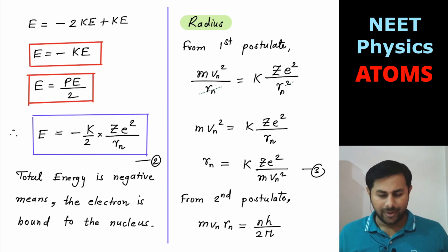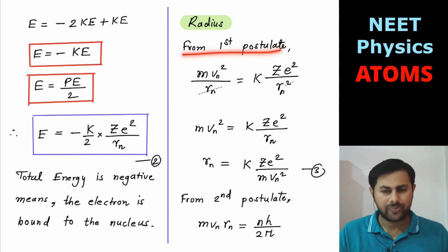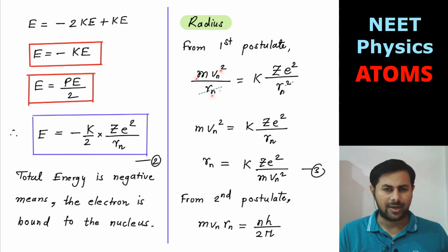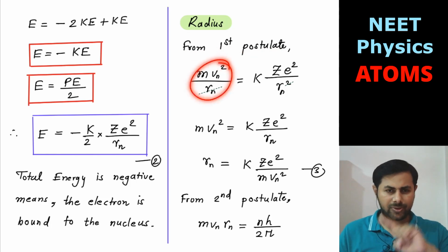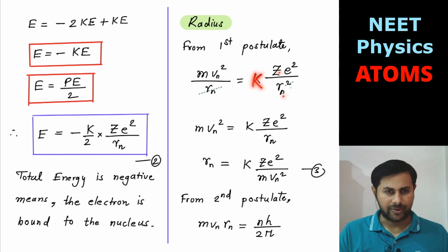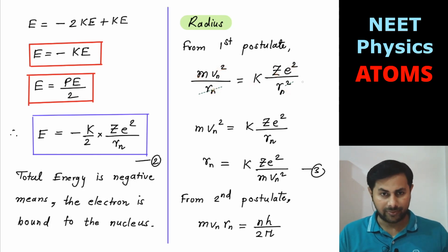From the first postulate, what we can say is mv square by r, the centripetal force required for revolution of the electron in circular motion, is equal to what? K times Z square by r square. Centripetal force is provided by the electrostatic force, so mv square by r is equal to k times Z square by r square.